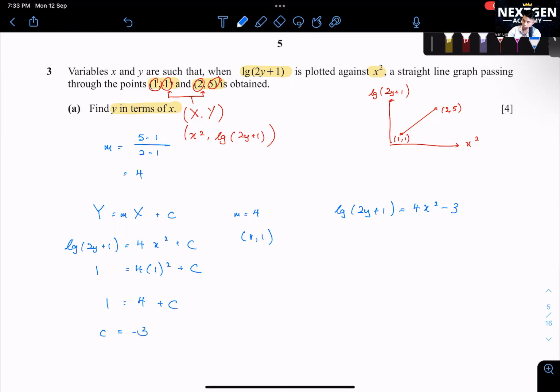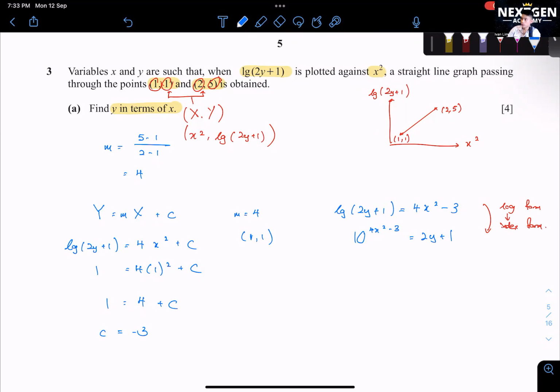So we change it from log form to index form. It can be written as 10 to the power of (4x squared minus 3) equals 2y plus 1, because lg is log base 10.